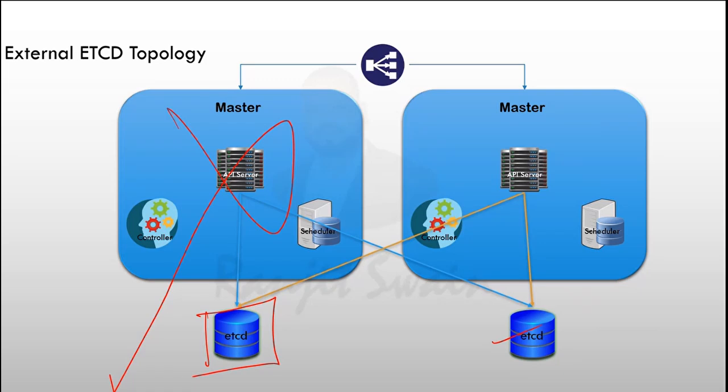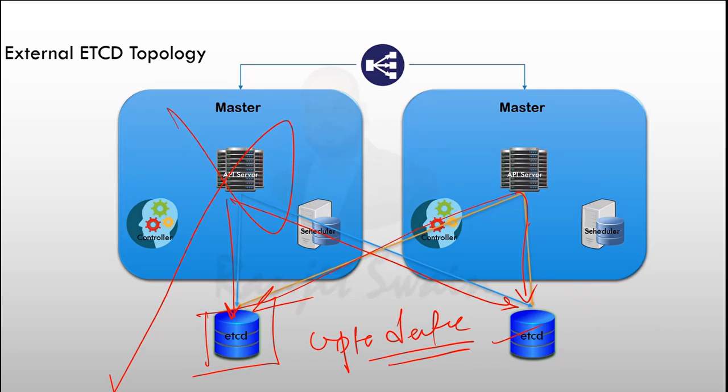Every time the API server gets information, it will write to the etcd. If we have multiple etcd, then it will write to them. Similarly, the other masters do the same. That means all the data will be up to date, right? In case this etcd or this master goes down, the other can handle it easily because all the data is available with it. That is the external topology.